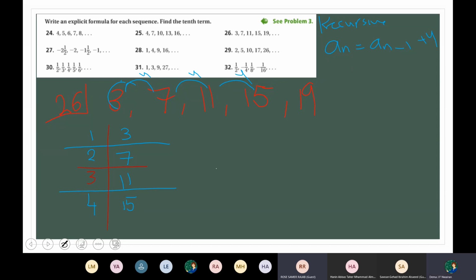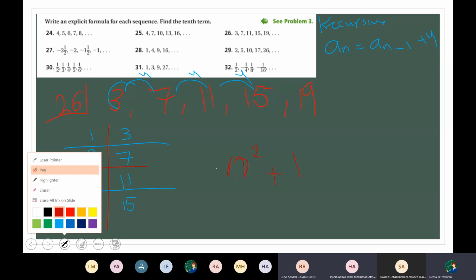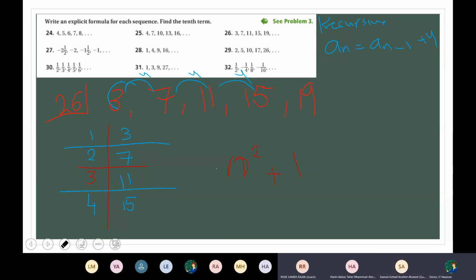N squared plus 1. 3 squared plus 1, is it 11? No. Are you sure? No. What about n to the power 3?